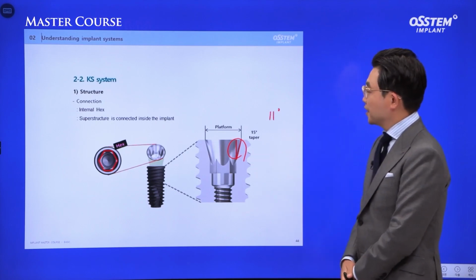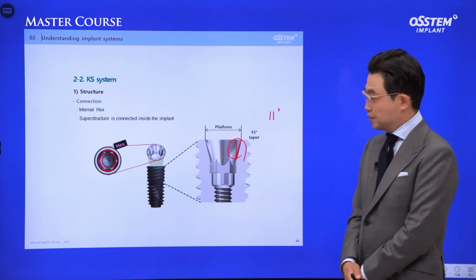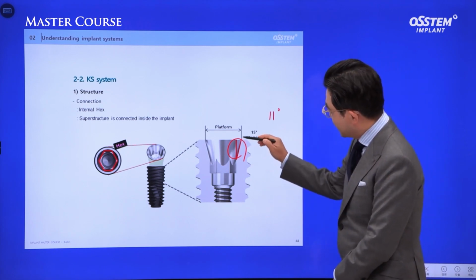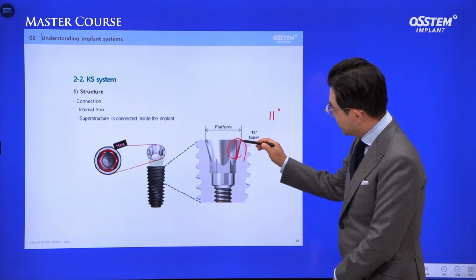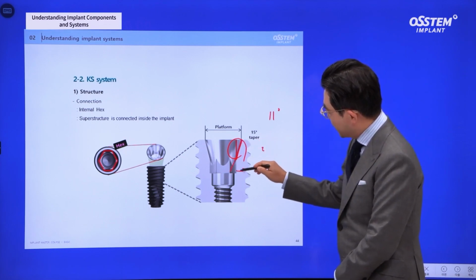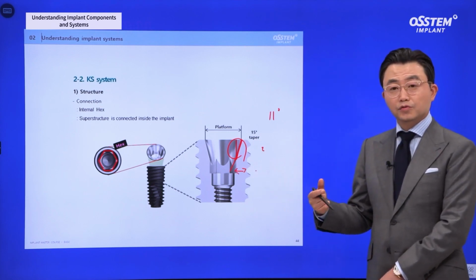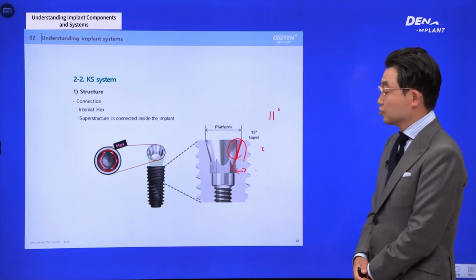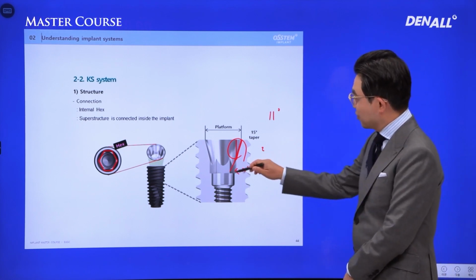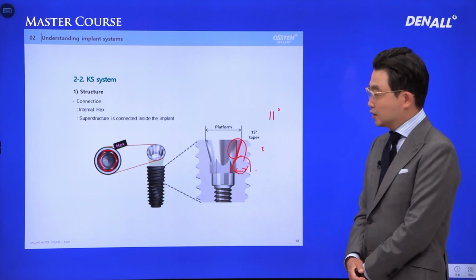So 15 degrees tapering means that compared to the TS implant, the tapering is stronger, meaning that in this area, it's thicker. So in the posterior, you could have more resistance of the implant. But the basic structure is very much the same.